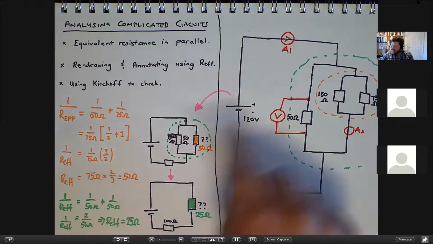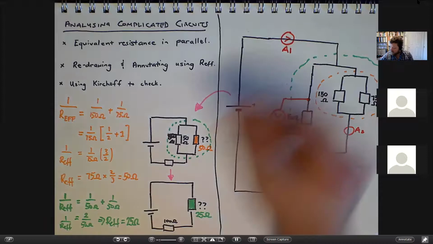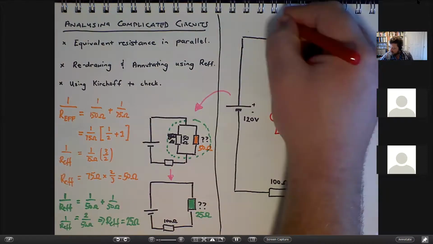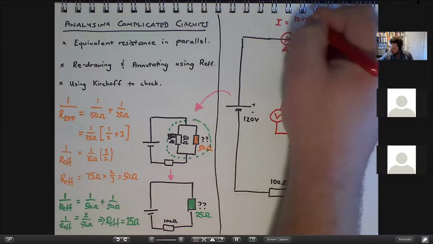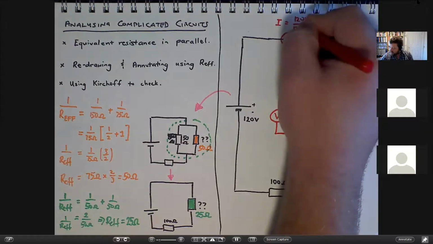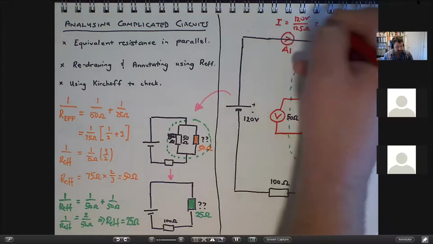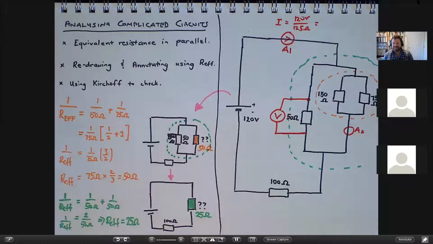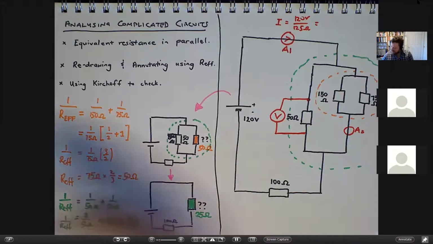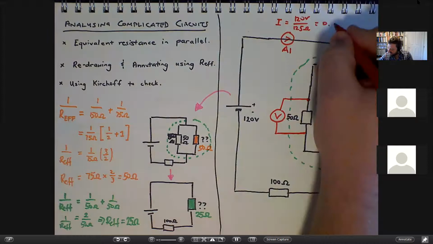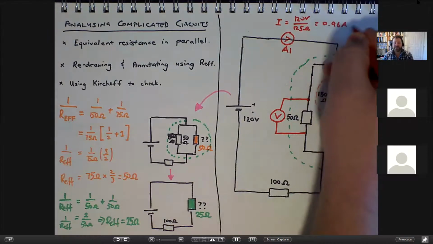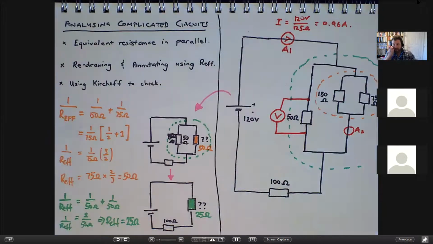So the total amount of current coming through this whole circuit is going to be I equals 120 volts divided by 125 ohms, which is equal to, God damn it, I meant for this to come out to 120 ohms. That was supposed to be 1, but it's very close to 1. 0.96 amps.